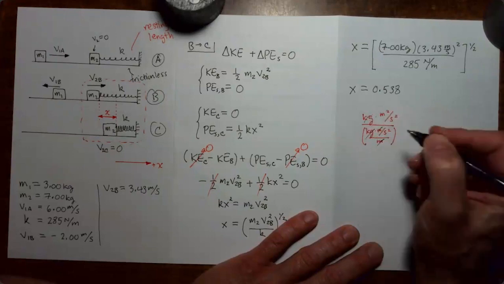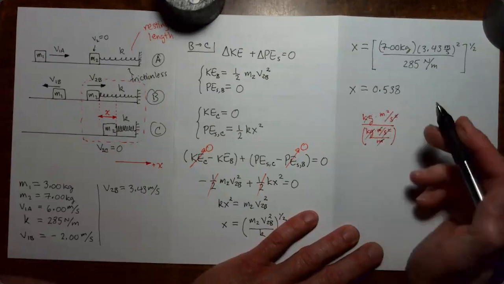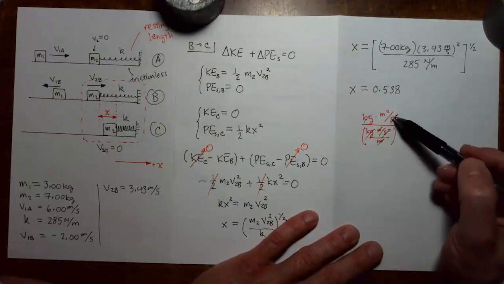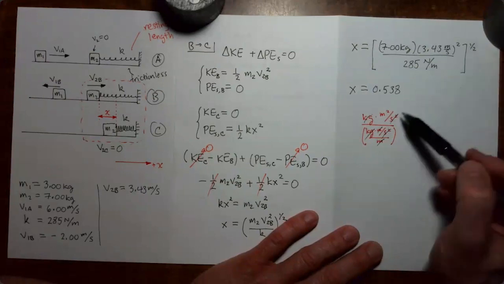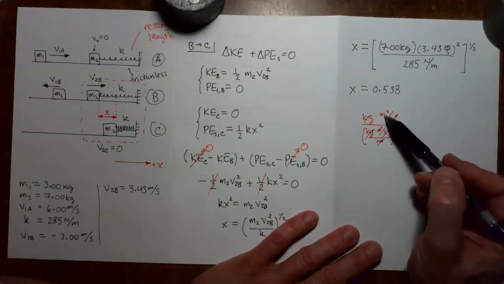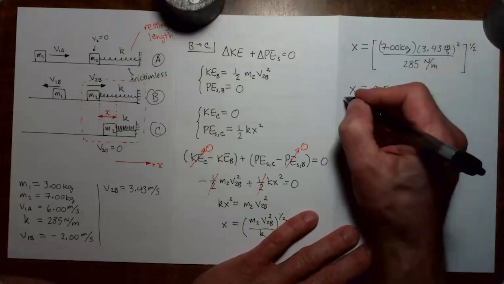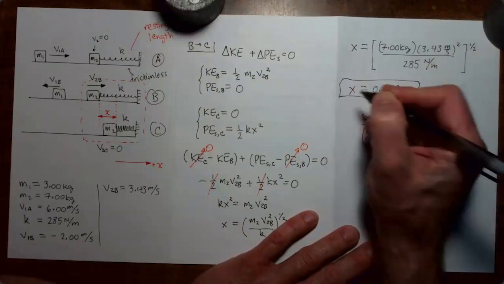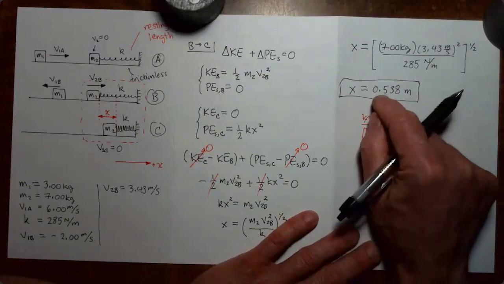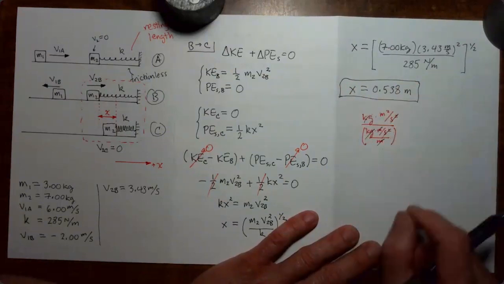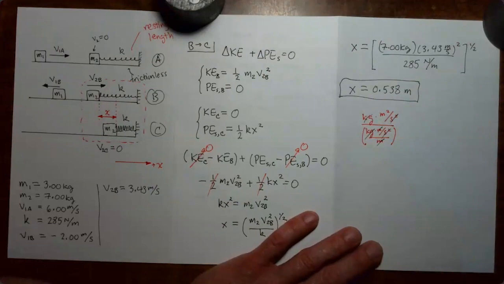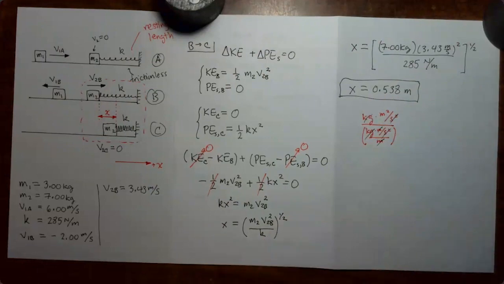Kilograms cancels kilograms, seconds squared cancels seconds squared. So all we have remaining inside the square root is meters squared, but that square roots to meters. So we have as our answer that the maximum compression of the spring is 0.538 meters. And now we have solved an example problem using both conservation of momentum and conservation of mechanical energy.